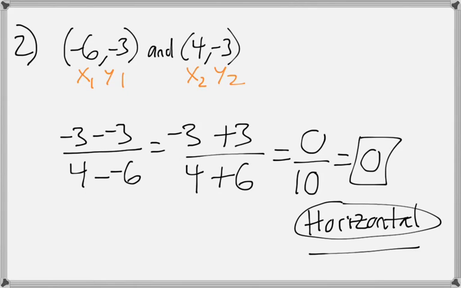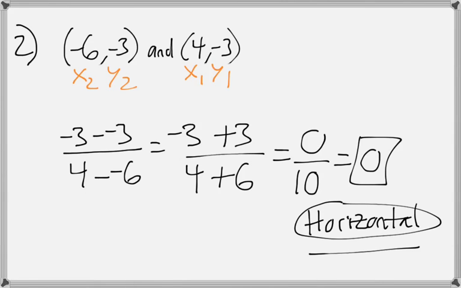One other thing about both of these is that the order doesn't matter. Well, the order matters, but what you declare as point 1 and what you declare as point 2 doesn't matter. So we called this the point 1 and this the point 2. But if you really wanted to, you could call this point 1, so x1, y1, and this point 2, so x2, y2.